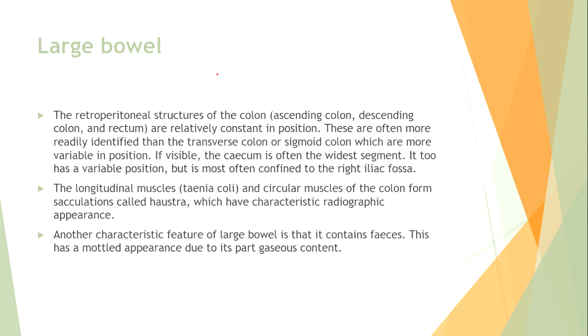It too has a variable position, but is most often confined to the right iliac fossa. The longitudinal muscles, tenia coli, and circular muscles of the colon form sacculations called haustra, which have a characteristic radiographic appearance. Another characteristic feature of large bowel is that it contains feces. This has a mottled appearance due to its gaseous content.